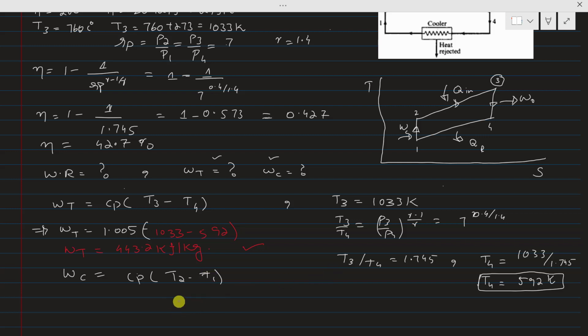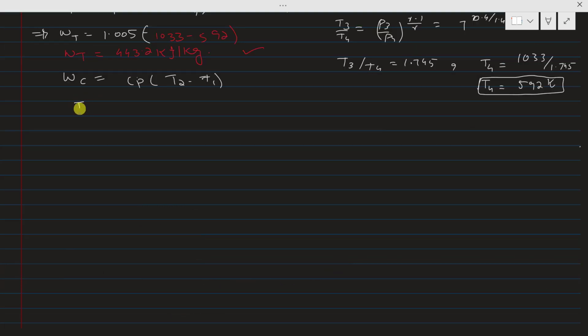In this case, T1 is given in the statement, that is 293 Kelvin.